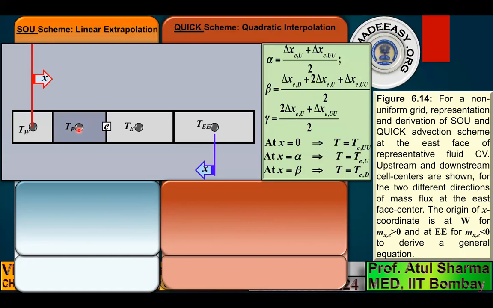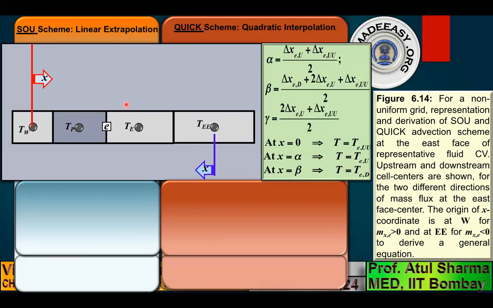Whereas here, for a non-uniform grid, the x coordinate at this circle is delta x w by 2 plus delta x p by 2, which is shown here. Now it is represented in upstream and upstream of upstream.